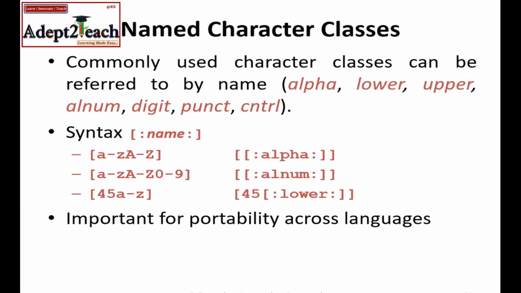Okay, so moving ahead, next is named character class. So you can use named classes rather than using ranges like A to Z and capital A to Z. Instead of using a to z and A to Z, where you are trying to search for any alphabet, whether it is capital or small, you can enclose it in double square brackets along with double colons at both the sides and in between write alpha.